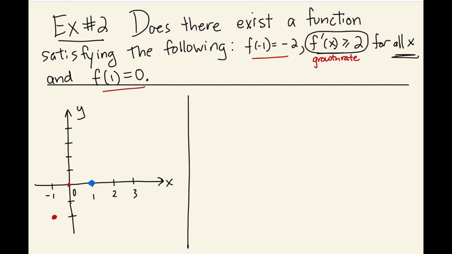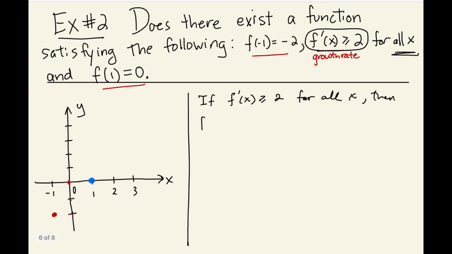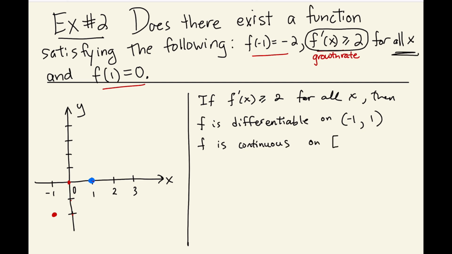That implies the derivative exists on all real numbers, and in particular, f is differentiable on the interval from -1 to 1. I also know that f is continuous for all x, so it's continuous on the closed interval -1, 1.